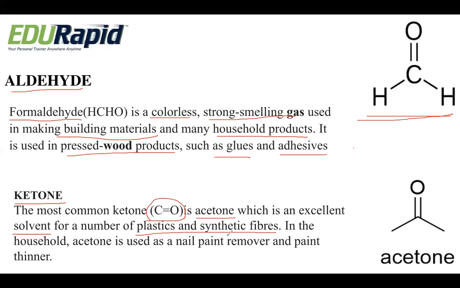In households, acetone is used as a nail paint remover and paint thinner. So you might be using it, most of you, that is nail paint remover. It consists of acetone. So what is the functional group of acetone? That is C double bond O, which is the functional group called ketone.